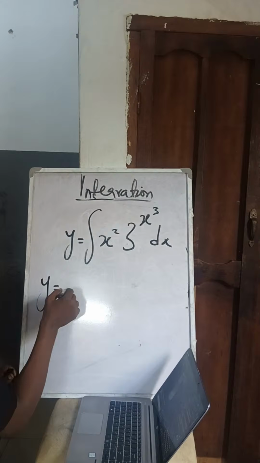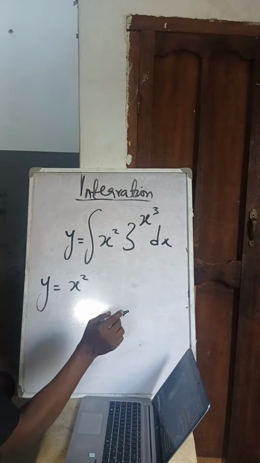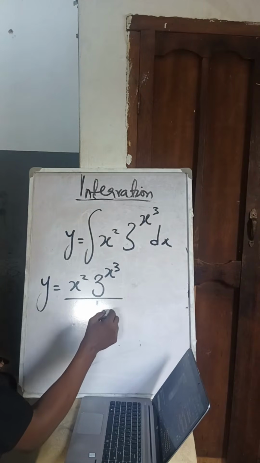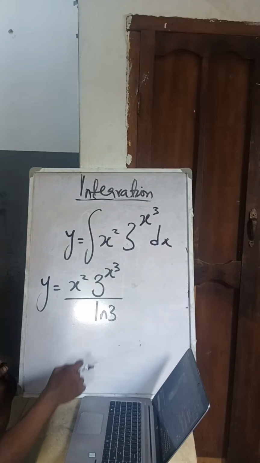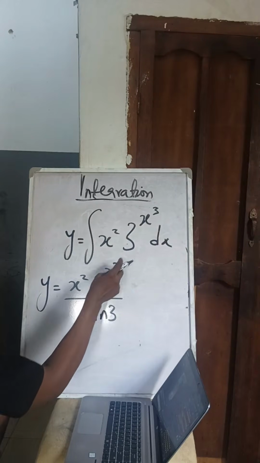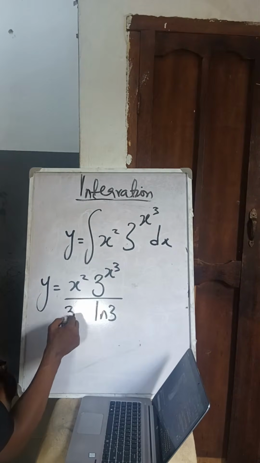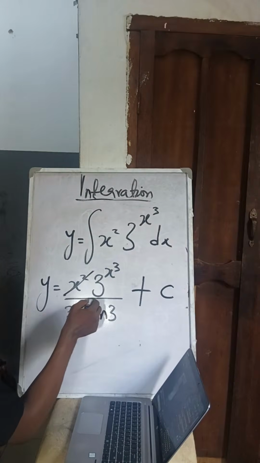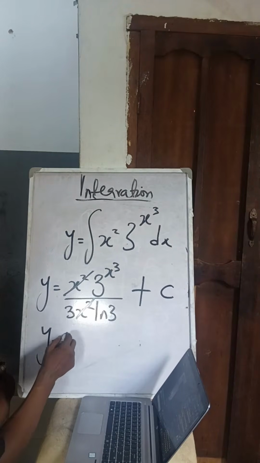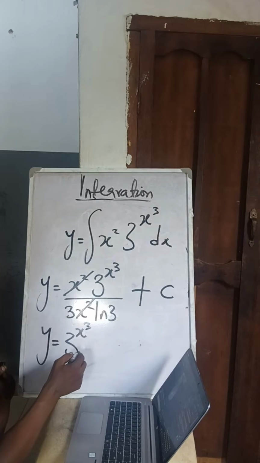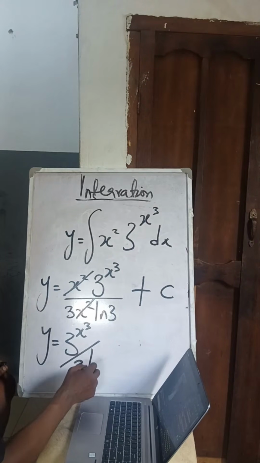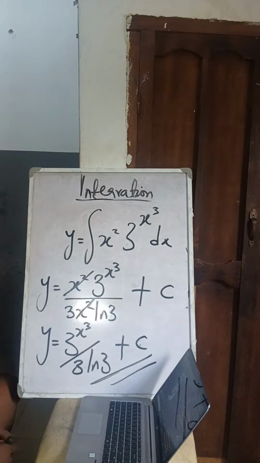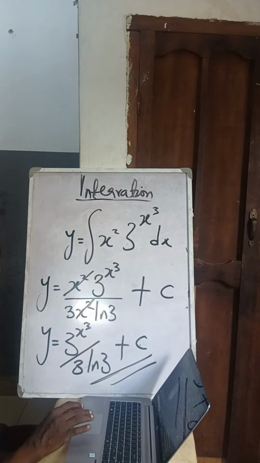So what you do is y is equal to x squared, you write it down, 3^(x cubed), you write it down, over ln 3, then differentiate x cubed, what will you get? You have 3x squared. You now add plus c. Since this cancels out this, your answer is y is equal to 3^(x cubed) over 3 ln 3 plus c. That is the correct solution.